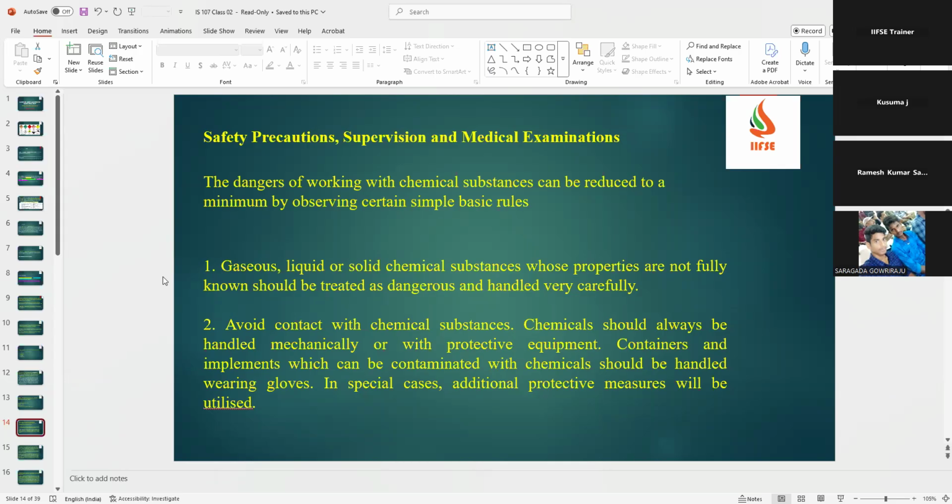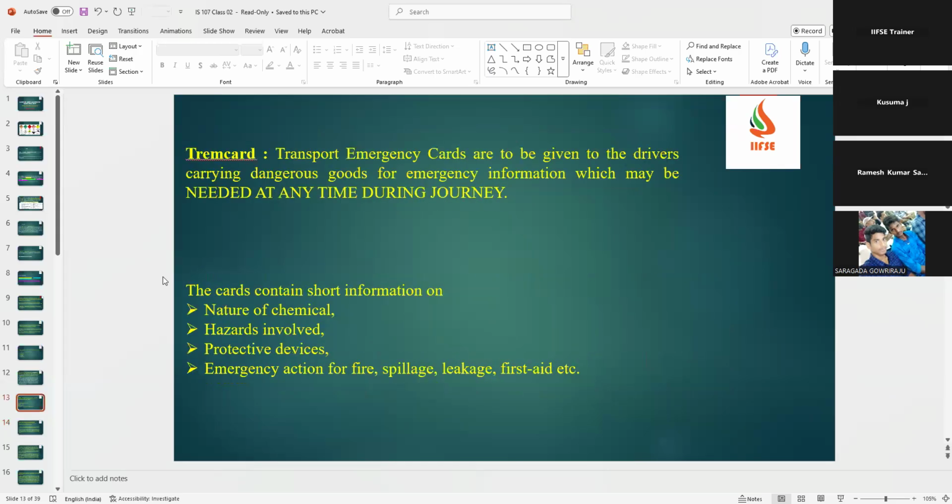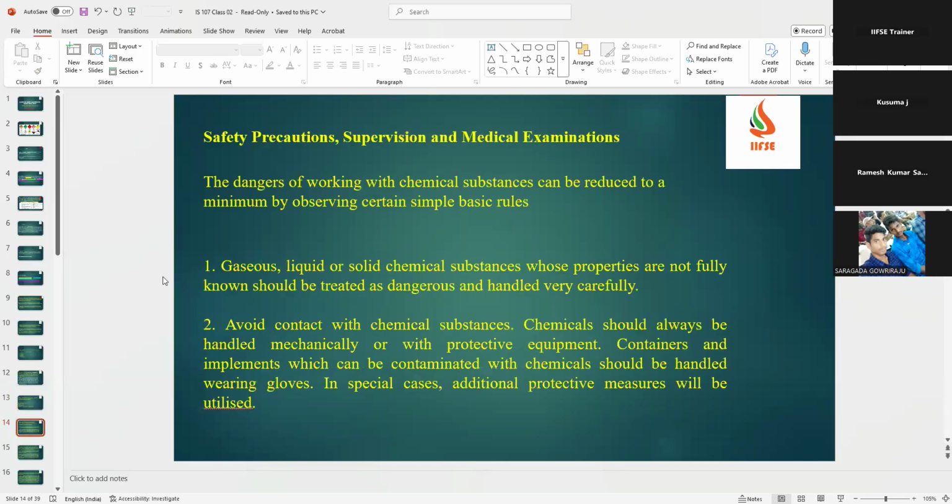Chemicals should always be handled mechanically or with protective equipment. Containers and implements which can be contaminated with chemicals should be handled wearing gloves. In special cases, additional protective measures will be utilized. So we always try to avoid contact with the chemicals.